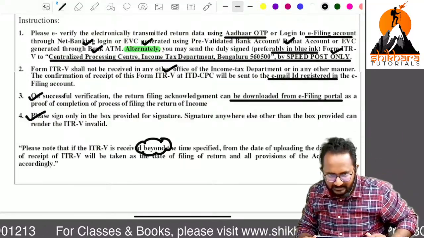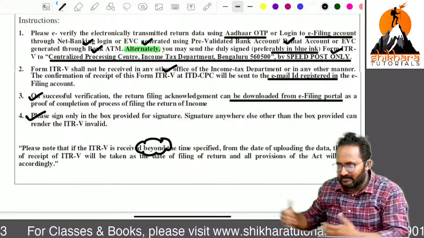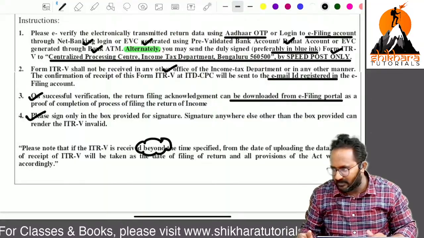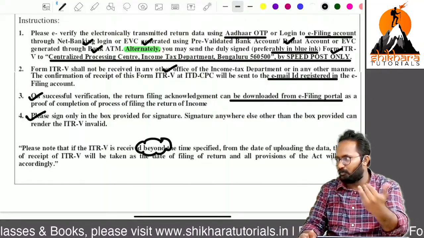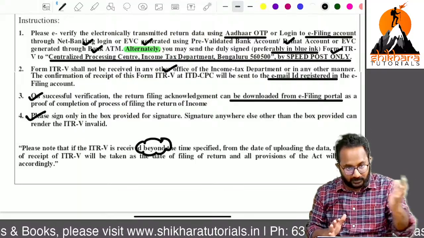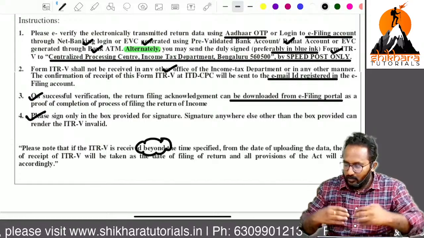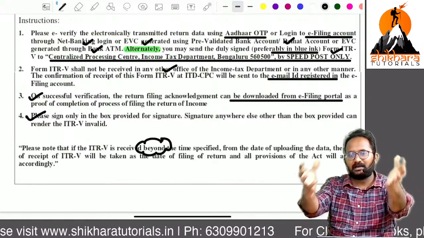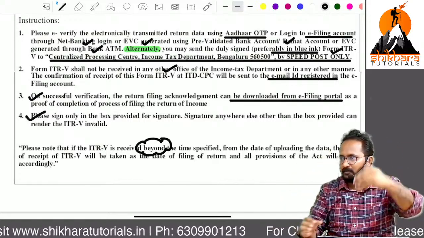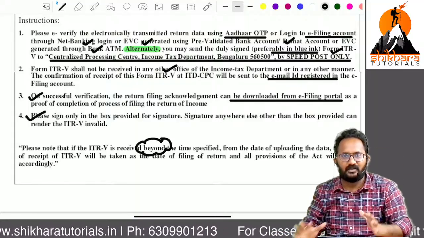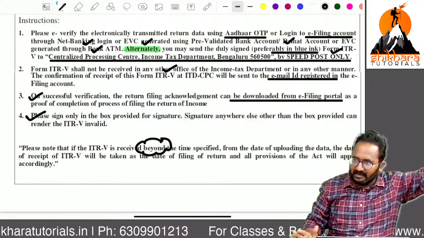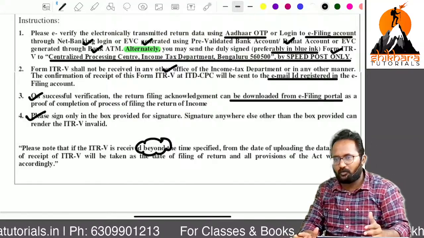I don't know what the present range is, because the due date itself was extended. Now we don't want to think about e-verification as of now. But within 60 to 120 days after the due date, we have to do e-verification. Anyhow, we have already submitted the total income details electronically using ITR forms. Verification itself is pending. Either I can do it electronically or I can do physical verification.